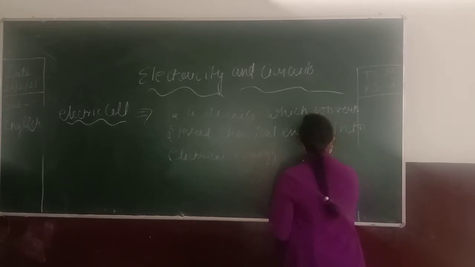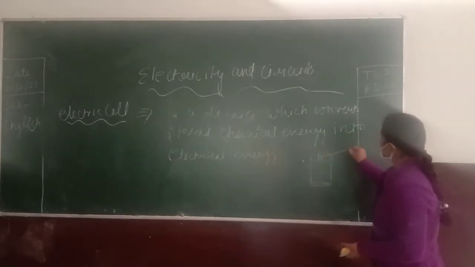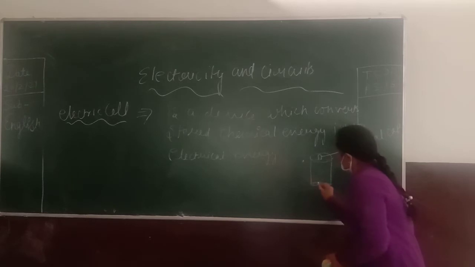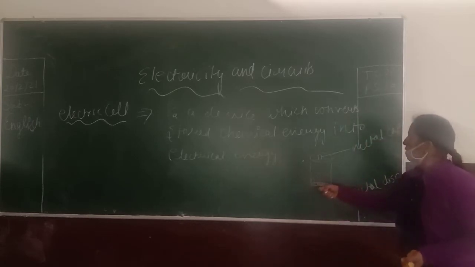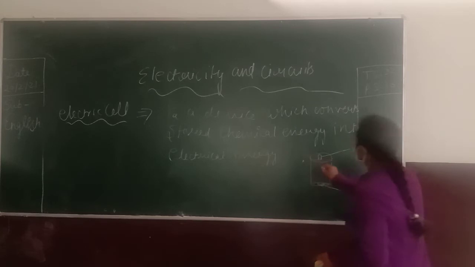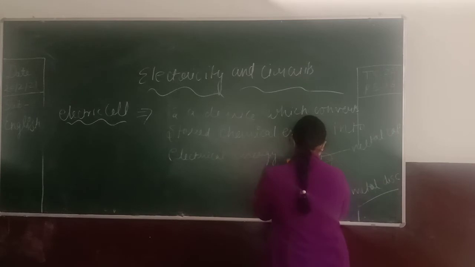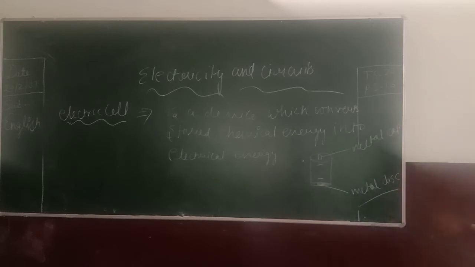This is the cap of the cell, a metal cap at the top of the cell, and here is a disc, called the metal disc, below the cell. There are two terminals in a cell: one is the positive terminal and one is the negative terminal.